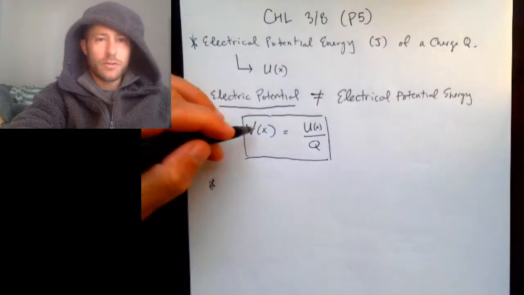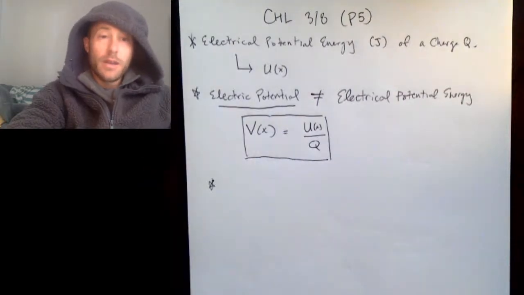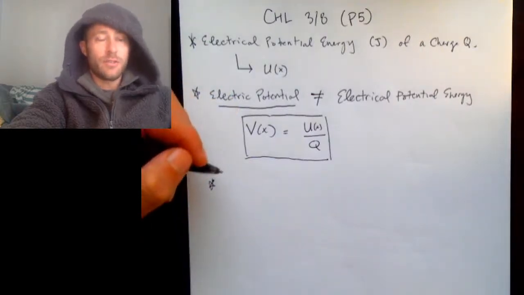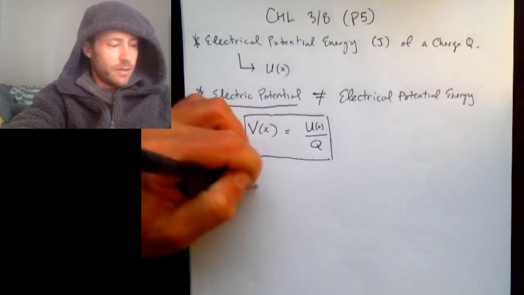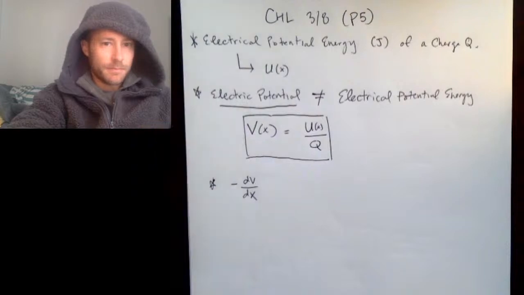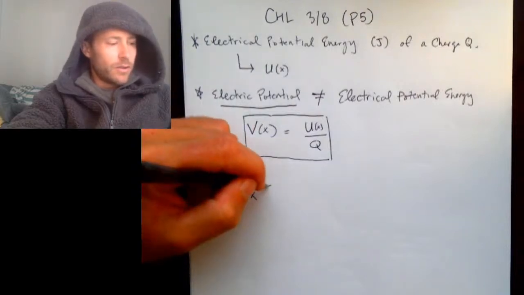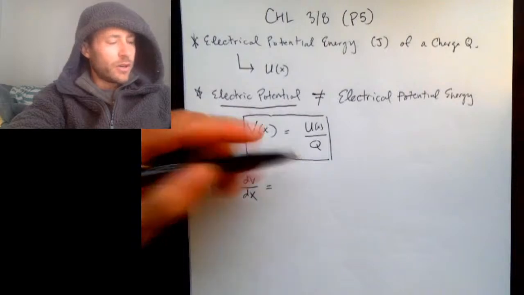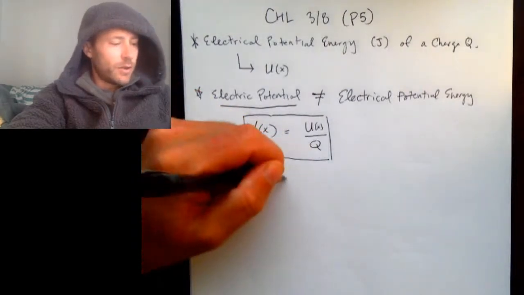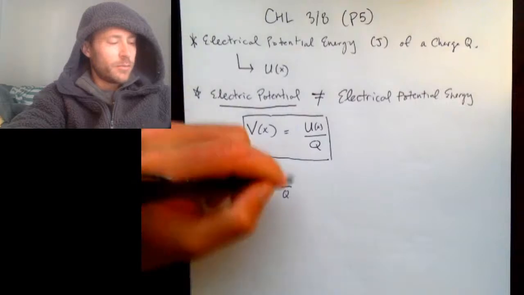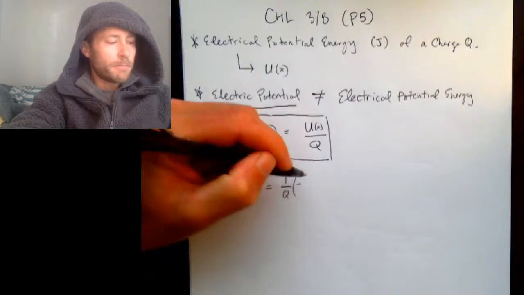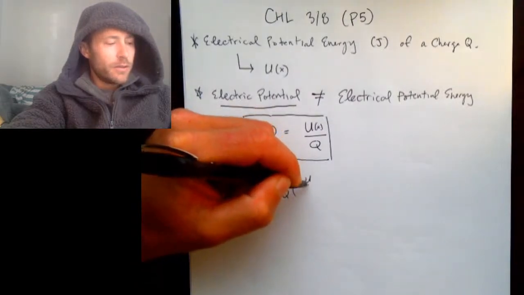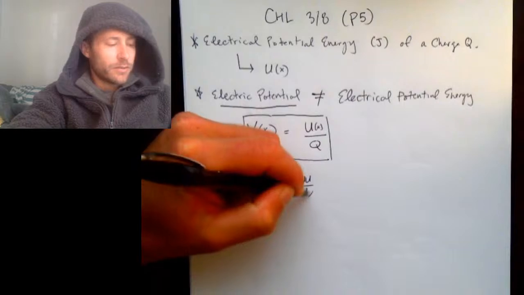Suppose we take this equation and we take the derivative of it. In fact, I'm going to do minus the derivative of it. So I'm going to do minus dV dx. The amount of charge is just a constant. So I would have 1 over q times minus dU dx.